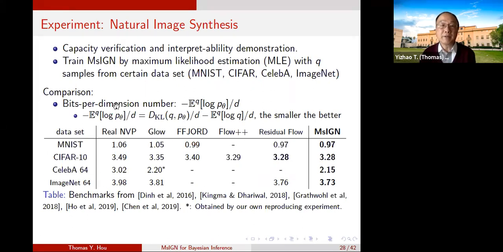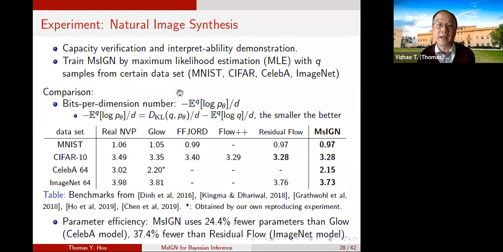You can see we compare with different state-of-the-art methods. All listed here are the different bits per dimension numbers. The last column is our method. You can see that indeed it is comparable to the best state-of-the-art methods, slightly better or comparable. So that is a good encouraging sign.